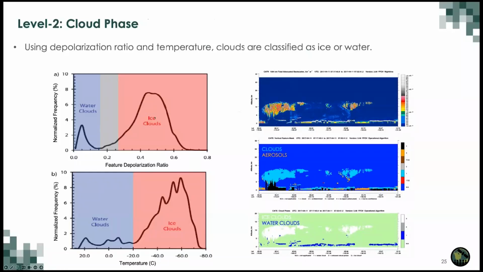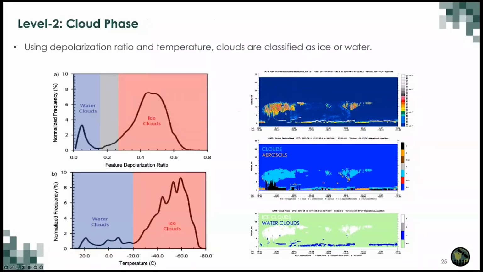And so we use the depolarization information to help identify cloud phase. Now, there is some ambiguity at times, like in this range here, where it could be mixed phase. There, often we'll pull in temperature information from reanalysis, for example, to help us with that choice.